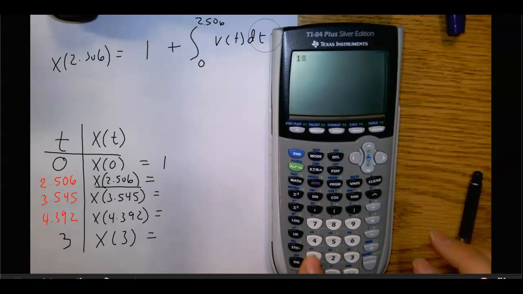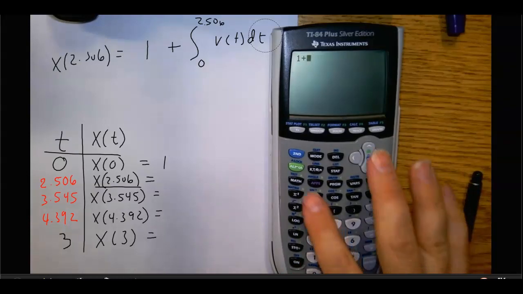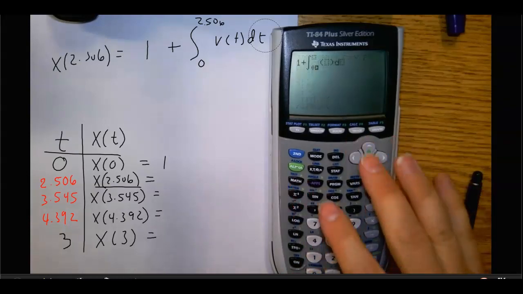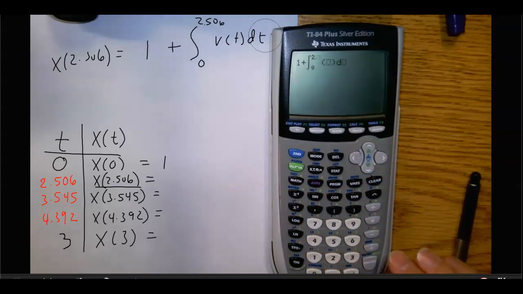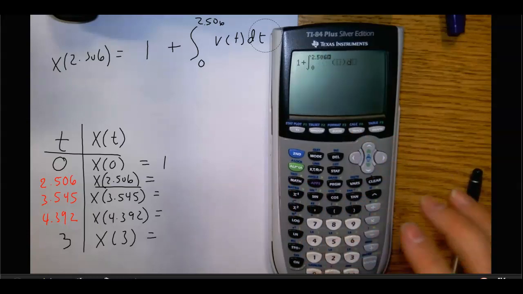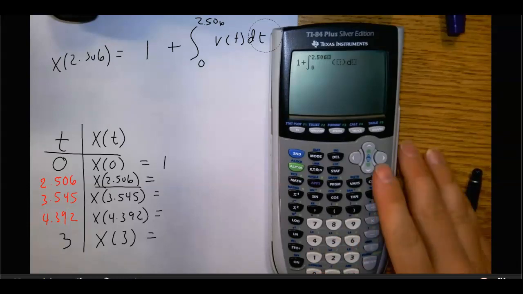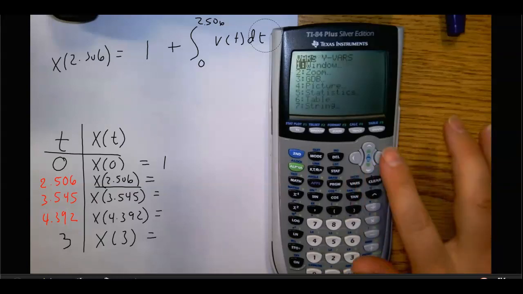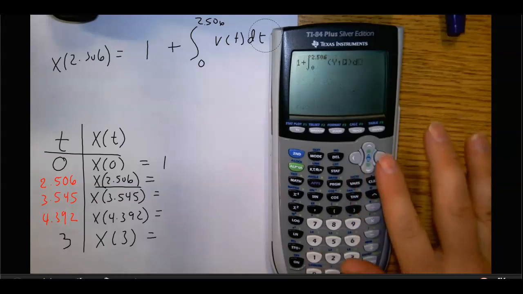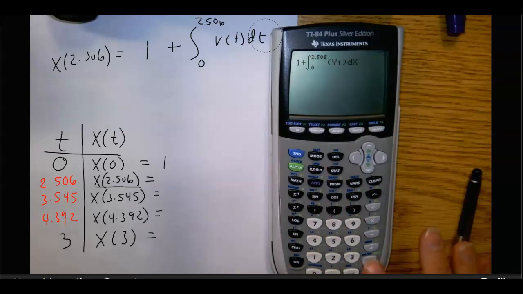We have 1 plus math 9, 0 to 2.506. It might have been wise if earlier I had stored these under alpha A so it's more precise, but it'll probably be fine if we just leave it as is for now. So there's our first position after the starting one.